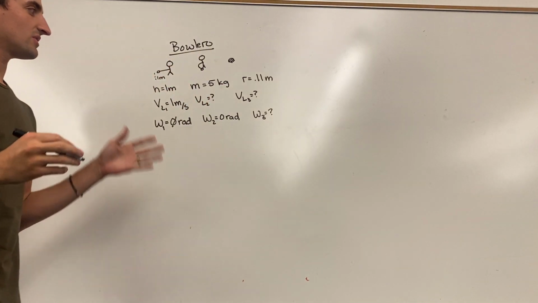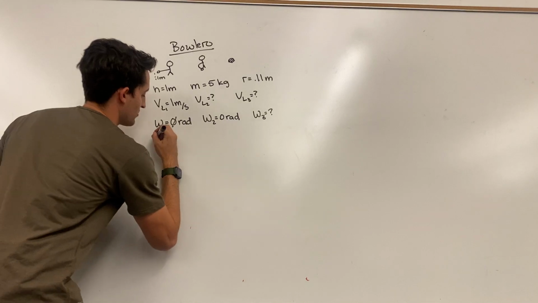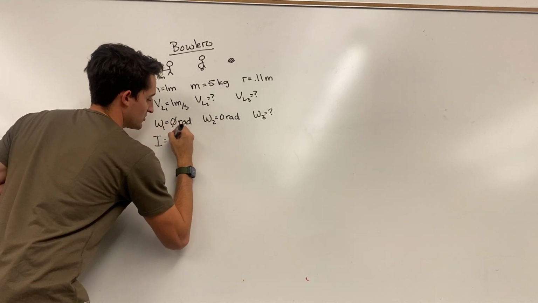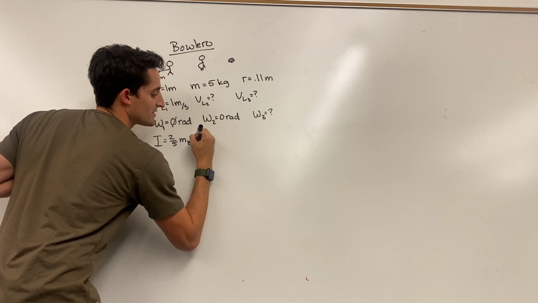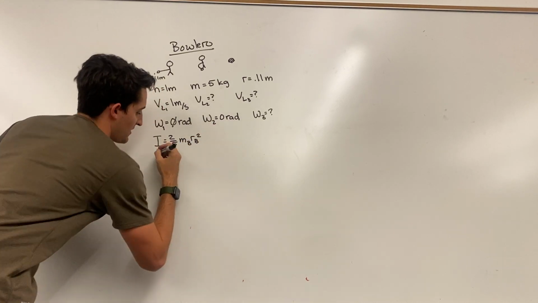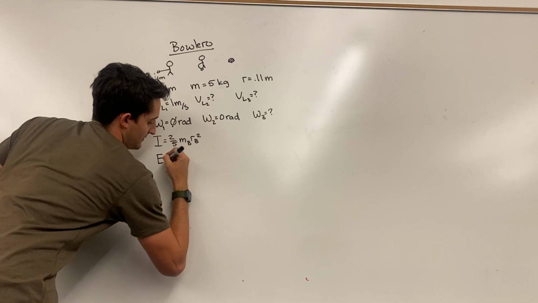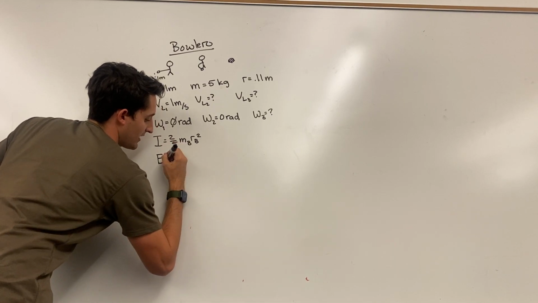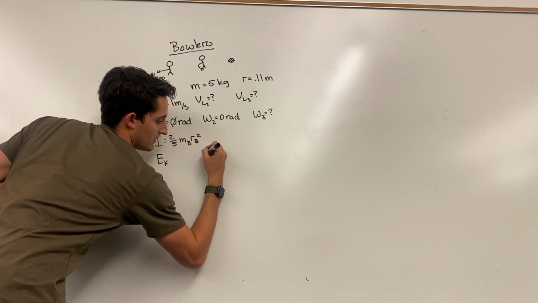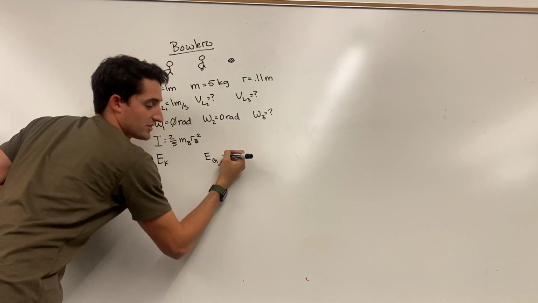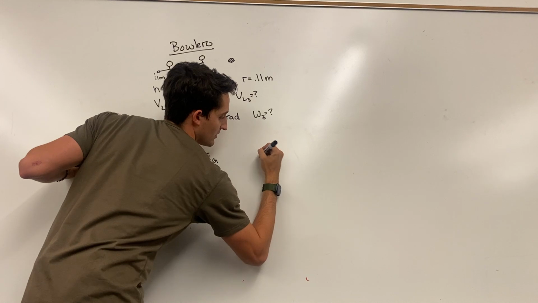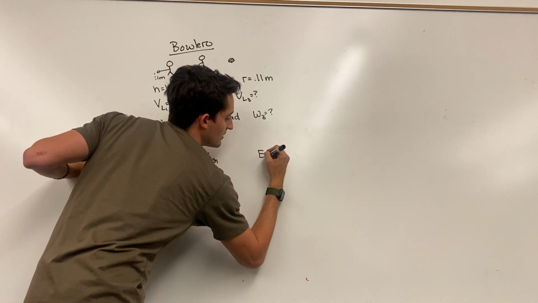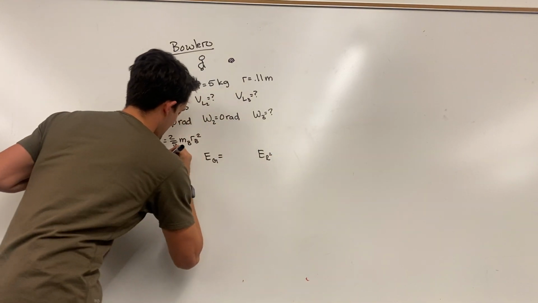Now, what else are we given? So we're given some equations, of course. So the moment of inertia, which is 2/5 the mass of the ball times the radius of the ball squared. Okay. And then we also have kinetic energy, gravitational energy, and rotational energy.